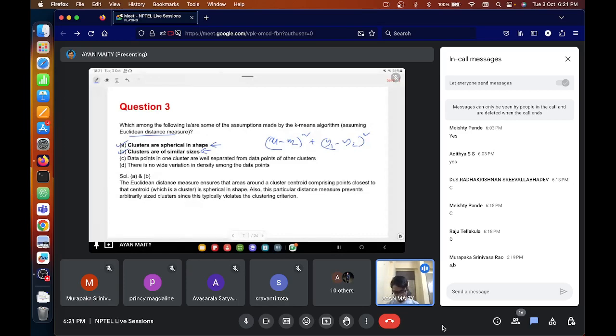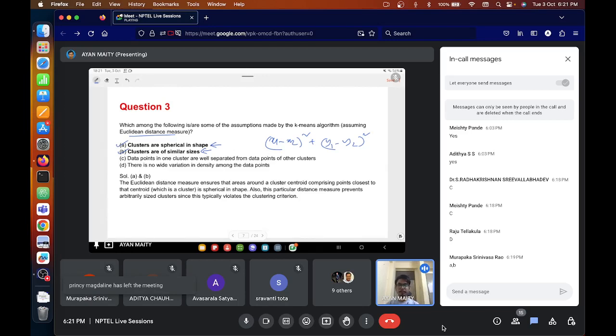So these are the two assumptions that are made, and options C and D don't assume anything about these things. Option D says there is no wide variation in density among the data points, but K-means doesn't give any importance to density of the data points. That's why we have a different set of algorithms called density based clustering algorithms like DBSCAN, which has been taught in the class.